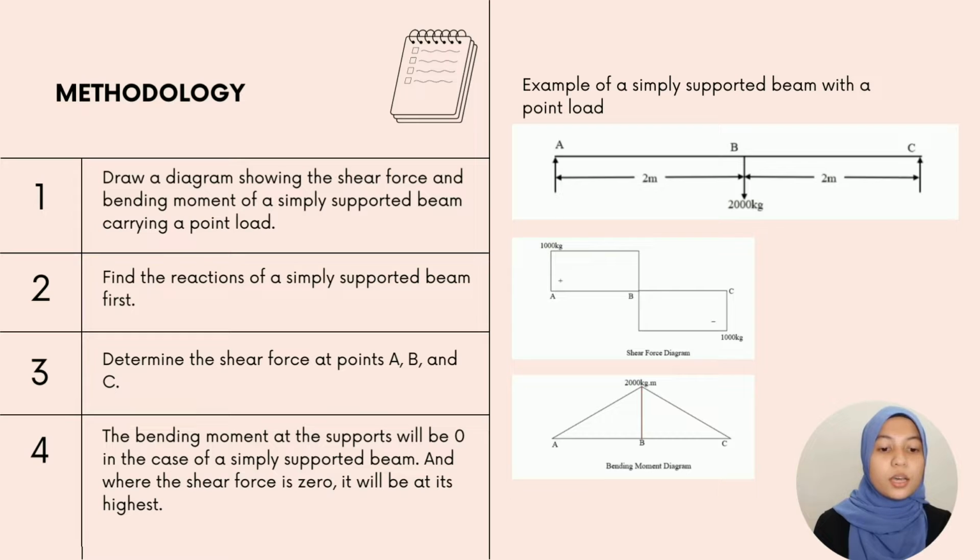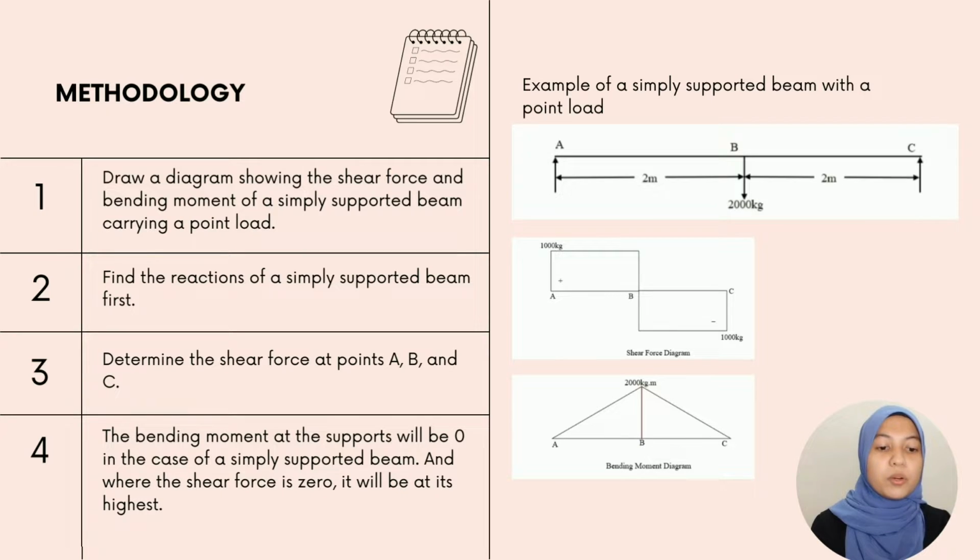The shear force at the point load varies and remains constant until another point load is applied. Like A to B is 1000 kg, B to C is 1000 minus 2000, which equals negative 1000 kg.